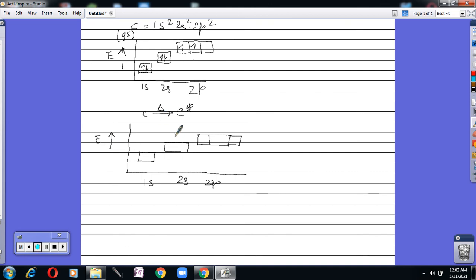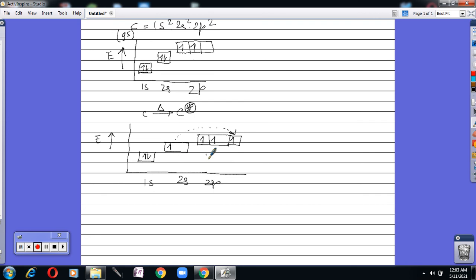When carbon is heated, it goes to the excited state. And in the excited state, one electron from the 2s orbital moves to the 2p orbital. Actually, this electron moves here, to pz.